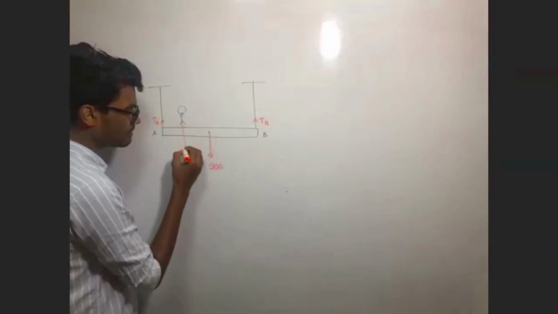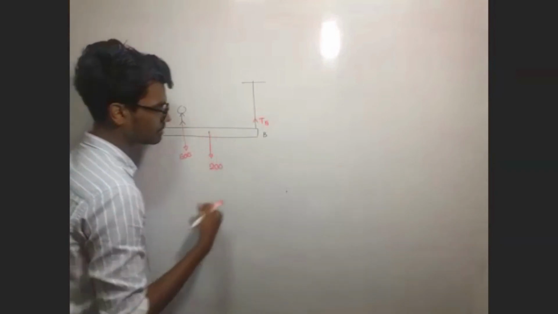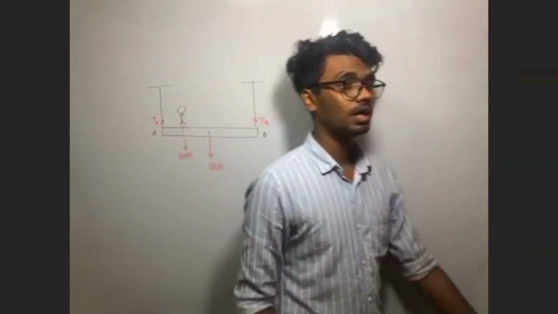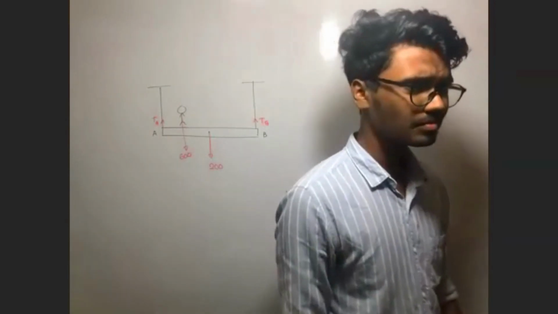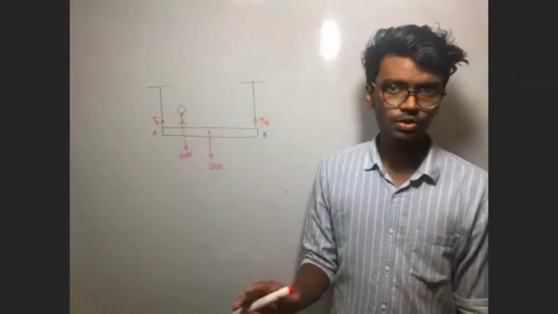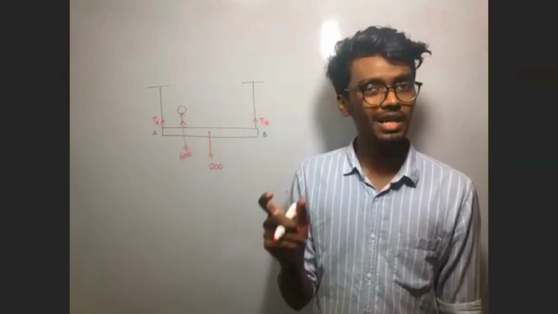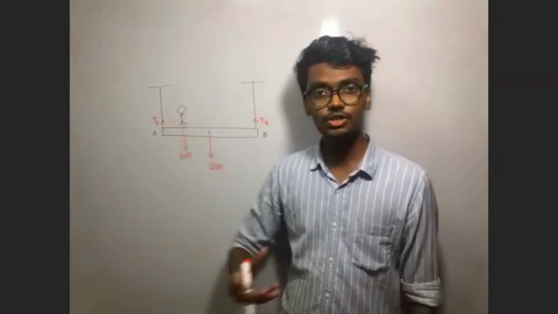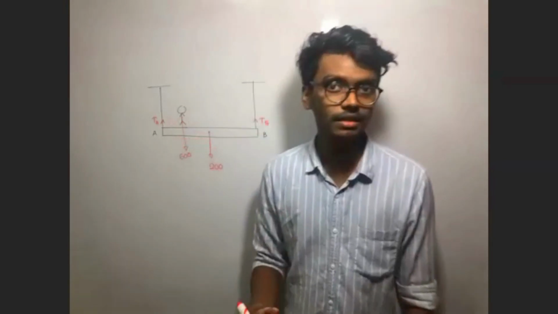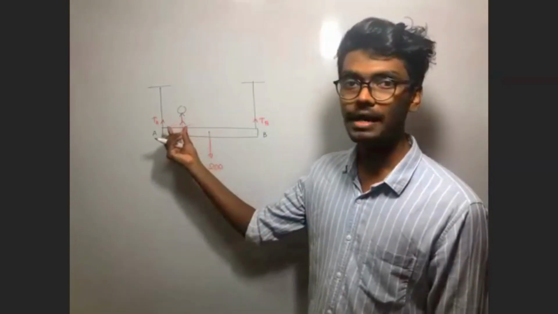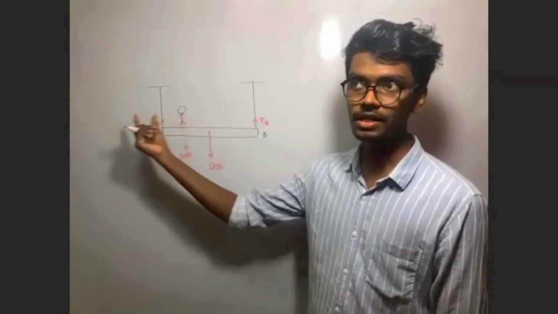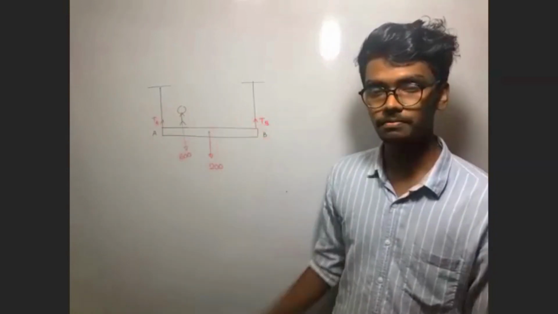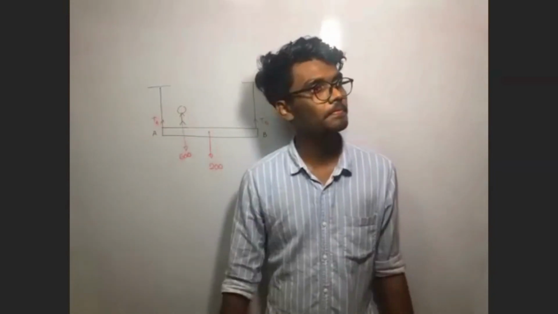This guy is going to have 600 newtons. So what they're asking is, what should be the minimum tension that each of these strings should contain in order for the man to safely travel across A and B? Minimum tension.